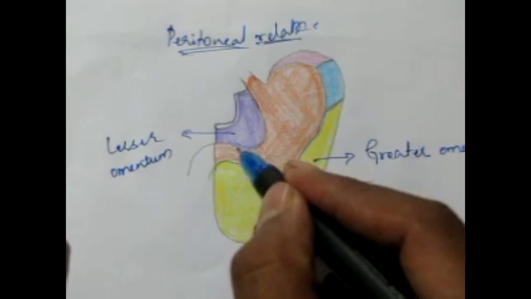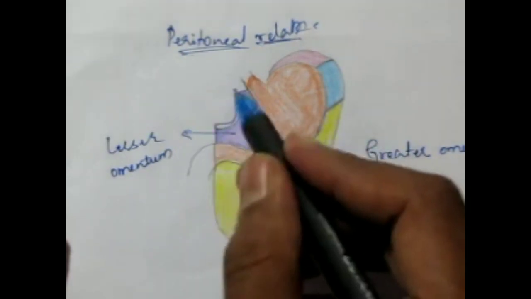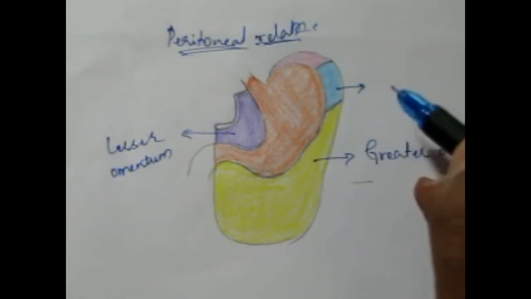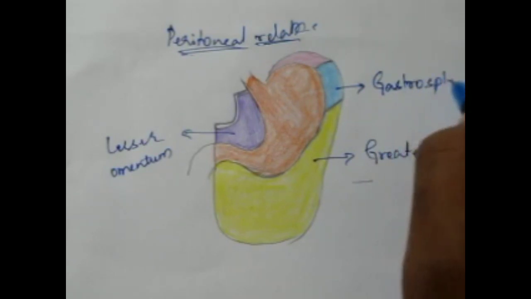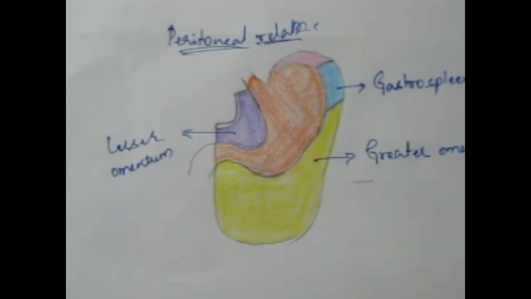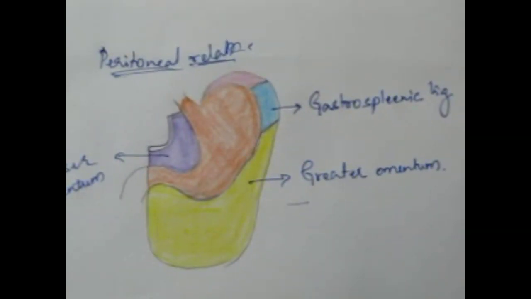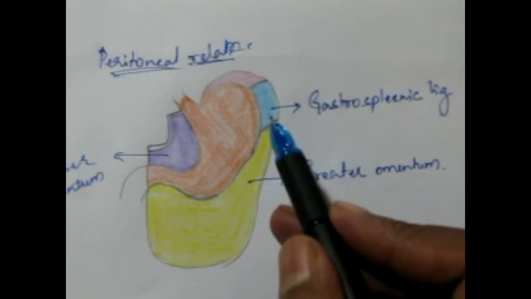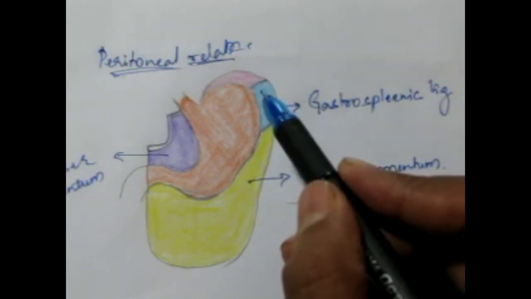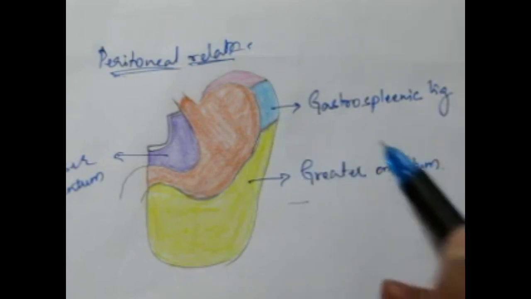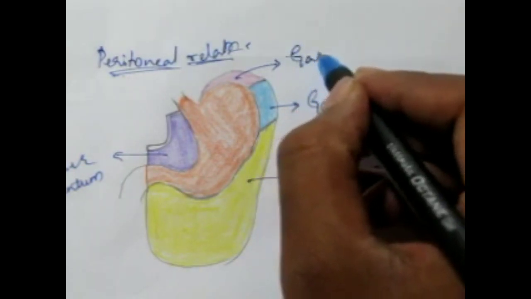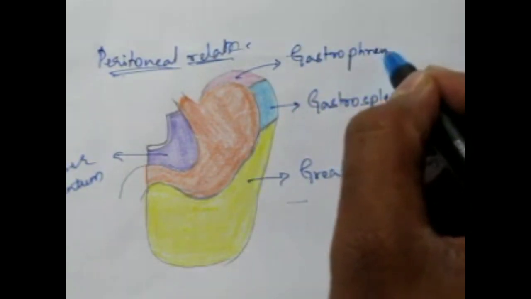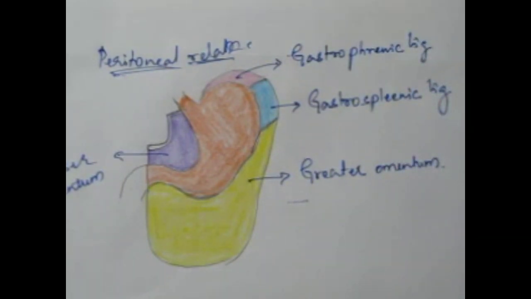Lesser omentum along the lesser curvature of the stomach to the liver. Gastrosplenic ligament, from the upper one-third of the greater curvature to the spleen. Gastrophrenic ligament, from the uppermost part of the fundus to the diaphragm.